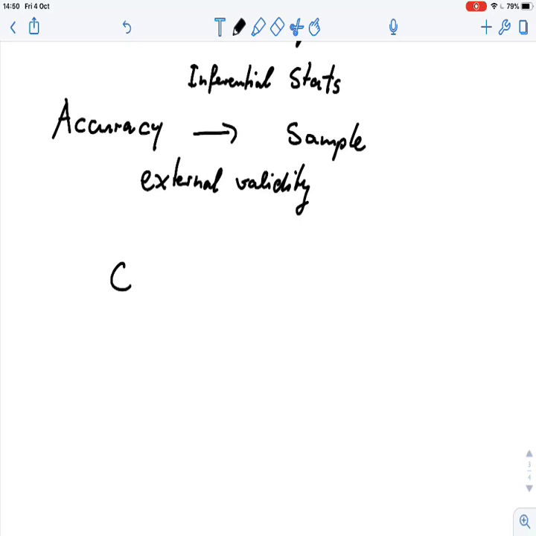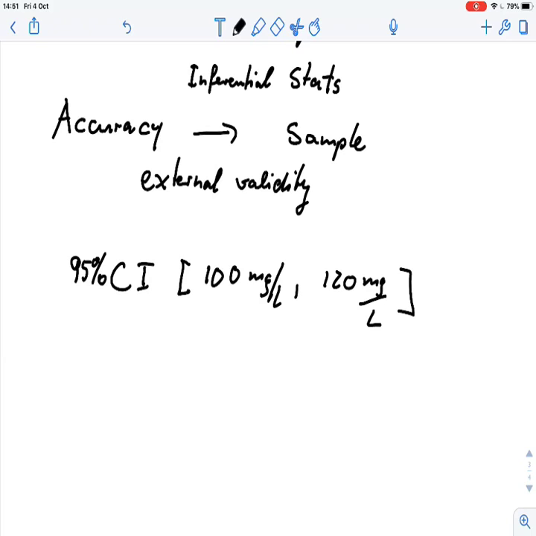My confidence interval, and we always need to say which confidence interval, let's say a 95% confidence interval, goes from 100 milligram per liter to 120 milligram per liter. This is my confidence interval from the sample.